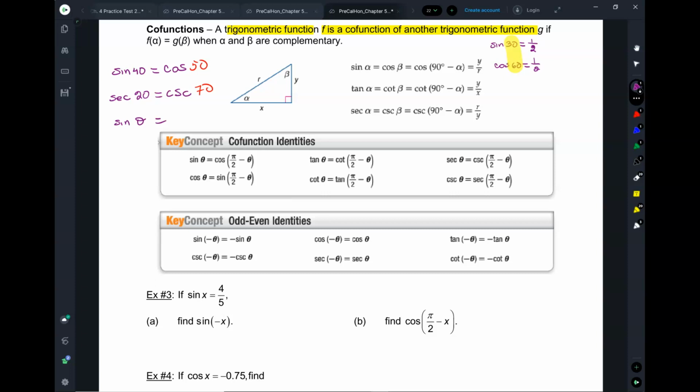Sine of theta is the cosine of the complement. How would you find the complement of an angle? You do 90 minus theta, or in radians, pi over 2 minus theta. Do you see why I asked you to find the complement of pi over 4, and you had to do pi over 2 minus it? It's all going to come together.